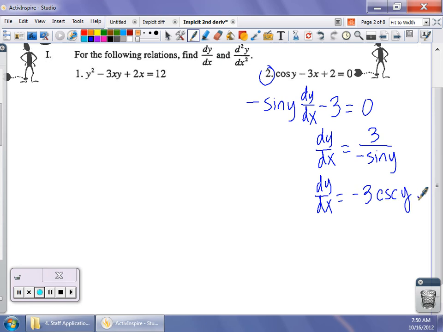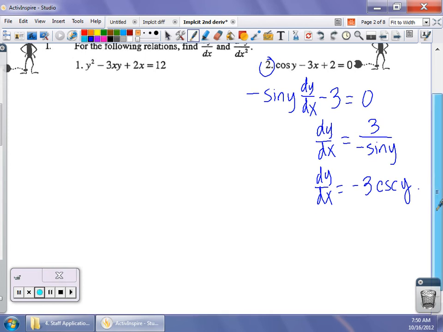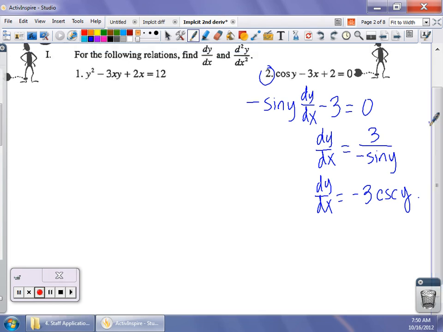So we have the first derivative of the function, and now our job is to find the second derivative. So we're taking the first derivative of the first derivative. When we do that, just to show you where this notation comes from, if we have dy dx, and we're finding the derivative of that, so we're taking the derivative with respect to x, just so you know why it's written that way.